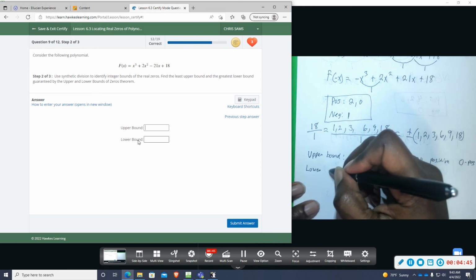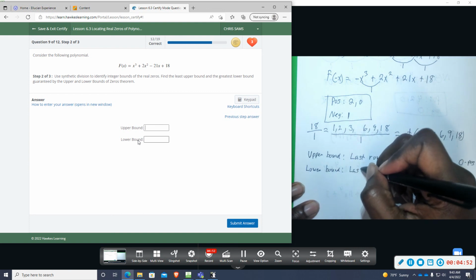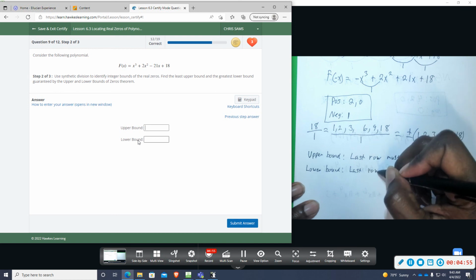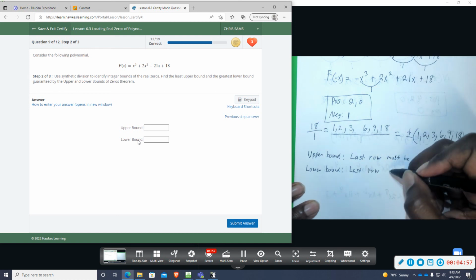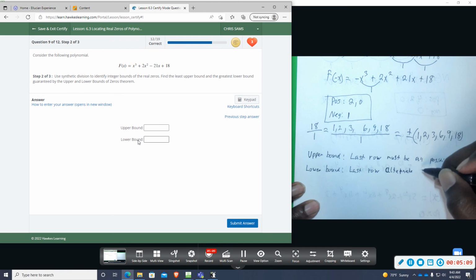All right, lower bound, we're going to do synthetic division, and we want the last row, and I'll show you what I mean when I say last row, to alternate, positive to negative. Every other sign is going to be a positive or negative. 0 is either. 0 could be either one you need it to be.